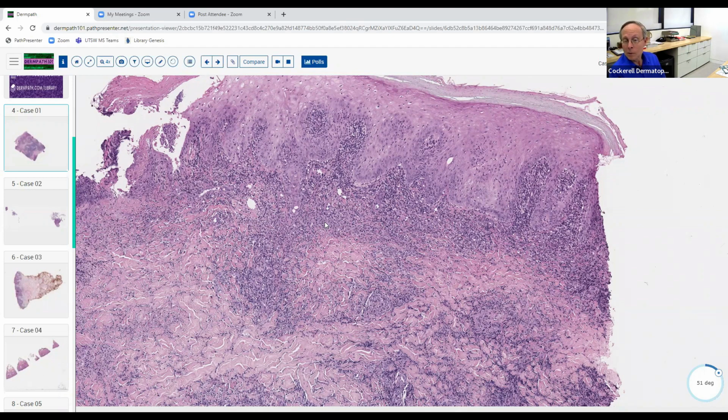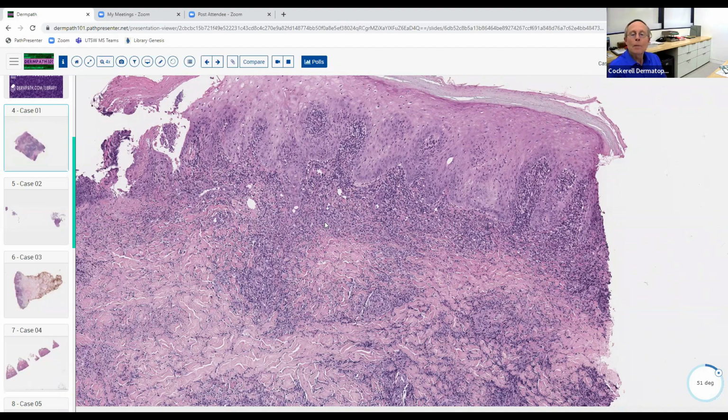Sarcoidal granulomatous dermatitis, looks like sarcoid, obviously. Foreign body granulomatous dermatitis, where you actually can see some foreign body giant cells and things like that in there. And then tuberculoid granulomatous dermatitis, where you get central caseation necrosis. So different diseases will give you different patterns of granulomatous inflammation.